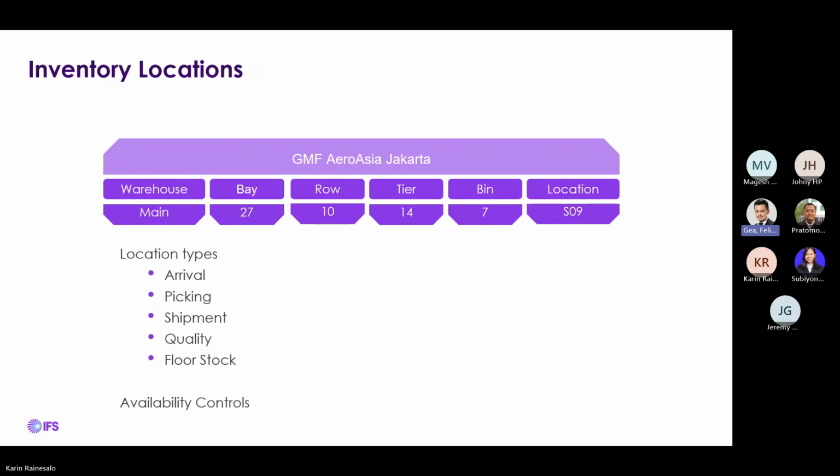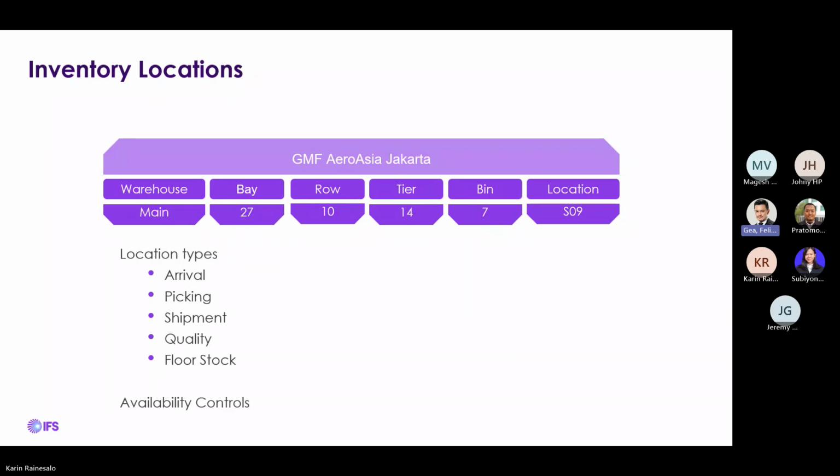So each one will have a type. And based on the type, there's various things you can do. Arrival is representing a receiving dock location. So goods have arrived from perhaps a vendor or from another location. They're not ready to use yet until we put them away in the inventory. Perhaps they require some inspection and so forth. And then the shipment location is going to be the opposite of that. So I've got the goods filled out someplace.